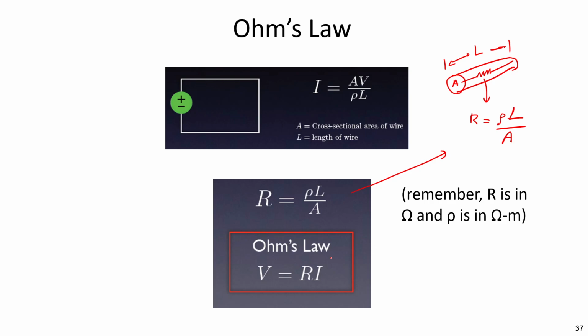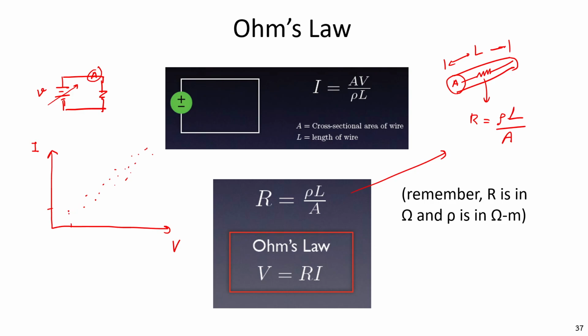And based on Ohm's law, V is I times R, because when we do the experiment, we measure the voltage and current. When we supply some voltage into one device and measure the current, and vary the voltage, the current varies according to the voltage, and you can get a curve like this, right?